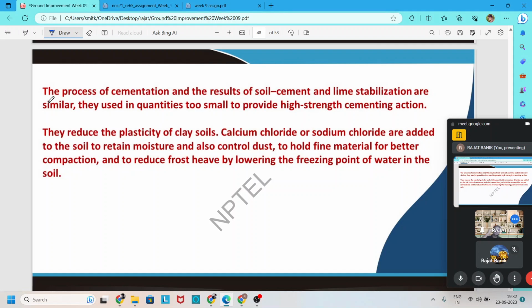That means soil cement and lime stabilization are quite similar regarding the cementitious process and the result. But in the case of soil cement, the quantity of cement required is very small, and it also gives higher strength than lime stabilization. They reduce the plasticity of the clay soil.